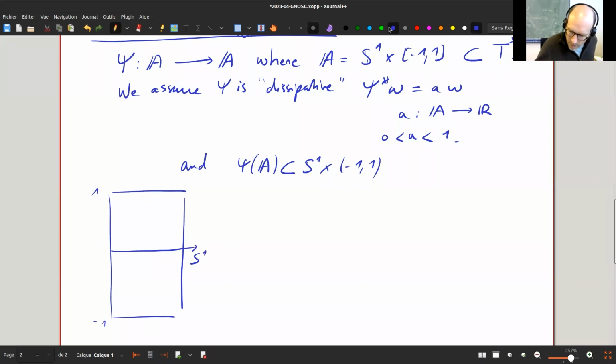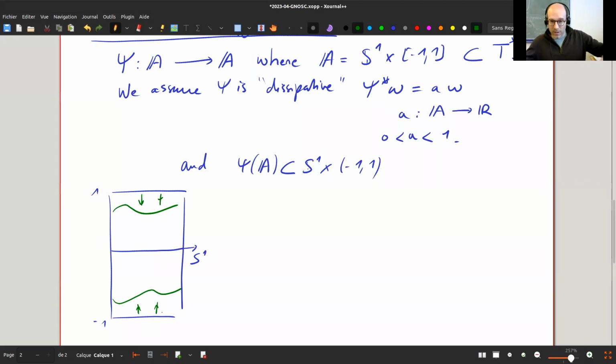And so my assumption is that the annulus is sent into something smaller here by psi. And now if I start to iterate psi, then the annulus which was sent onto the region between the two green curves is sent to an even smaller piece.